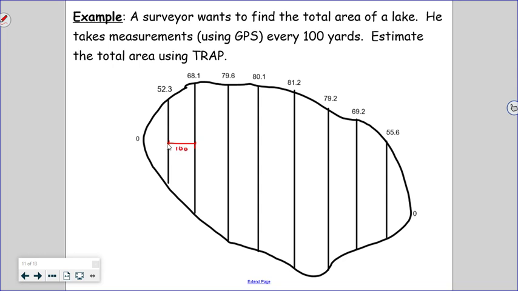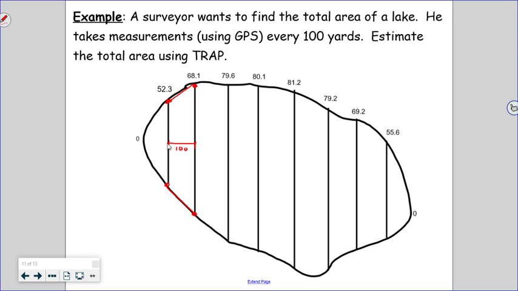What does 100 represent in this whole thing? The height of our trapezoids, isn't it? Our trapezoids are connecting those points at the end. Now the trapezoids on the very ends look really weird, so that's why I kind of went in the middle there. But there's your trapezoids happening, okay? And again, once we get that figured out, setting up trap is no different.